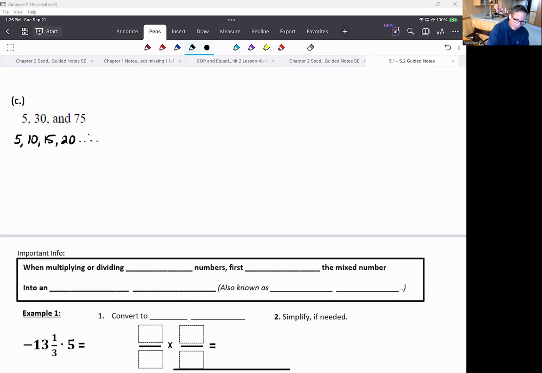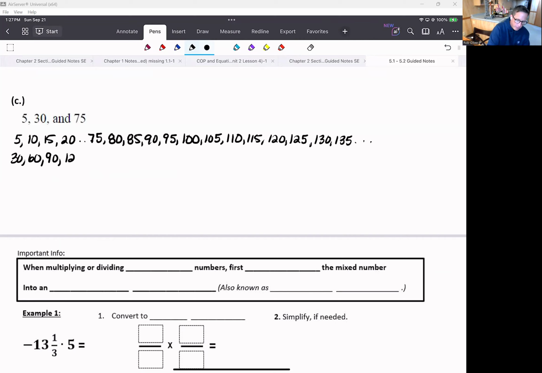So I'm going to skip a few. 75, 80, 85, 90, 95, 100, 105, 110, 115, 120, 125, 130, 135, and so on. All right, multiples of 30 are 30 and 60, 90, 120, 150, 180, 210.